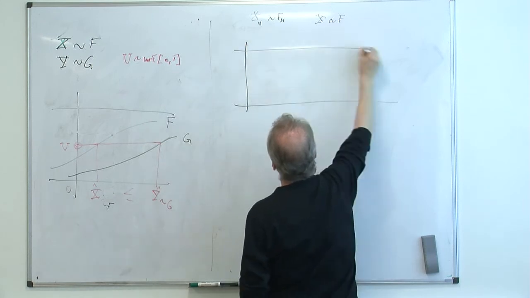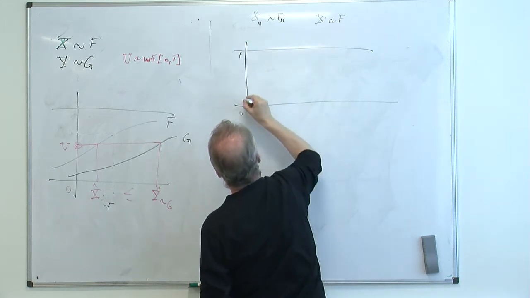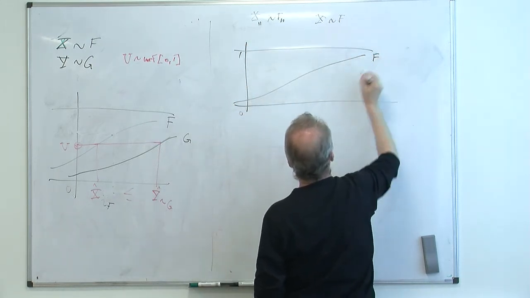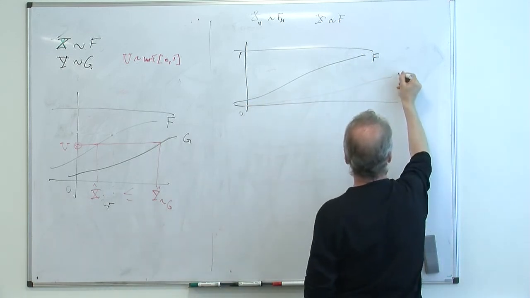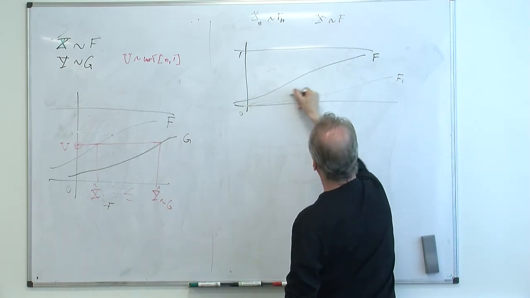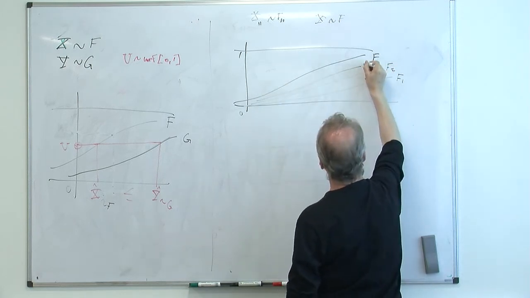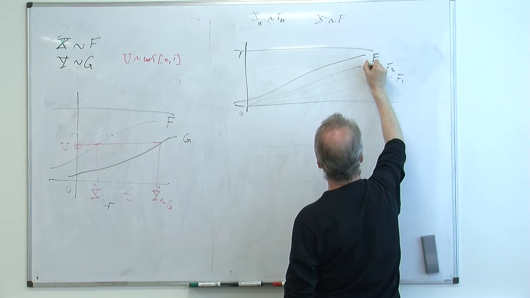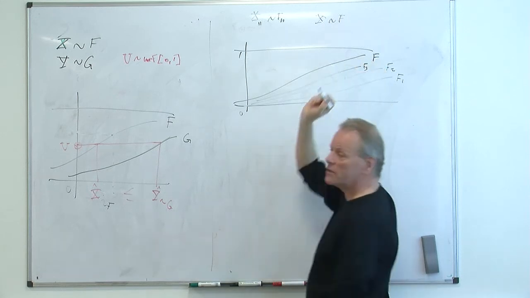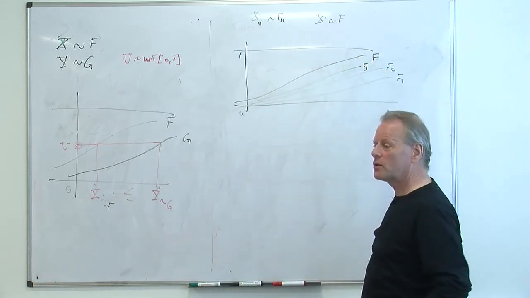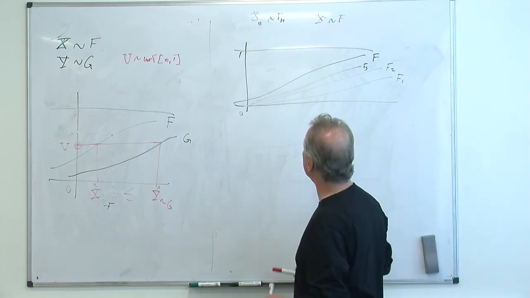And do the same trick. Here is F, and for convenience, I will draw it like this. F1 is here, F2 is here. So I'm letting the F's increase towards the limit, but they could be doing it in a completely different way.